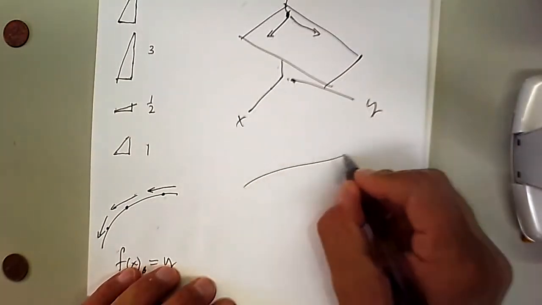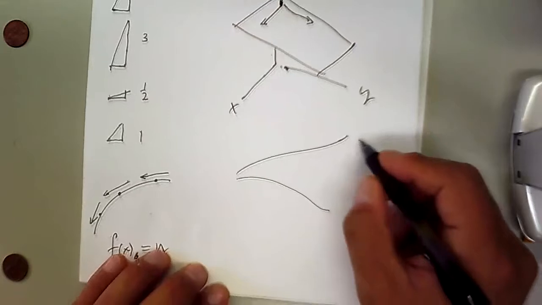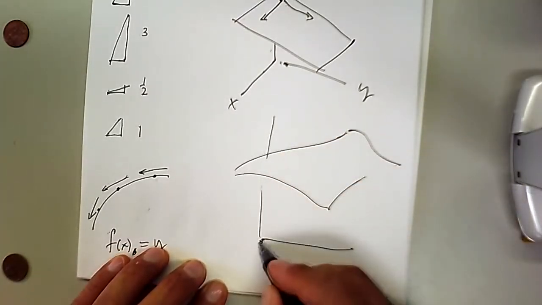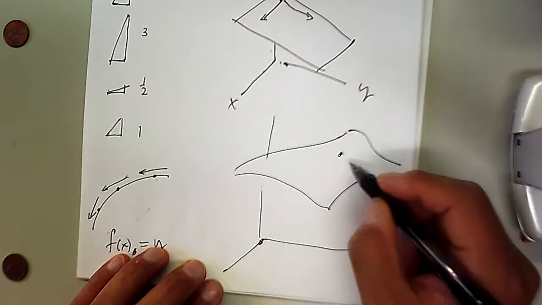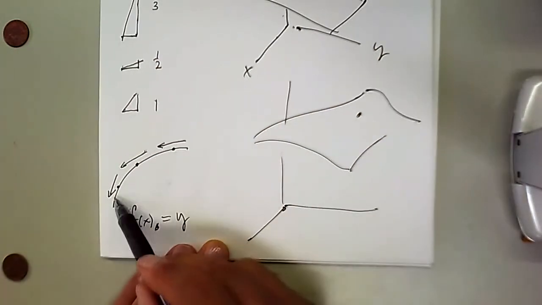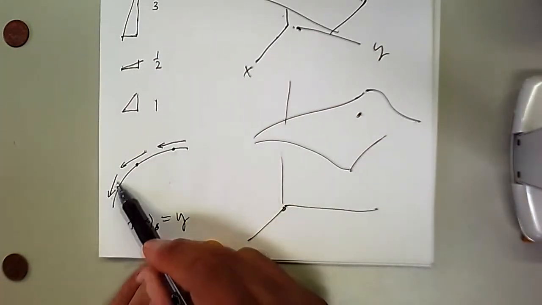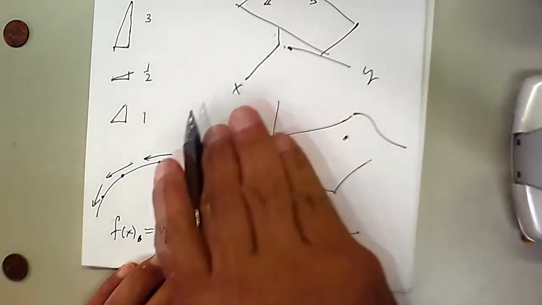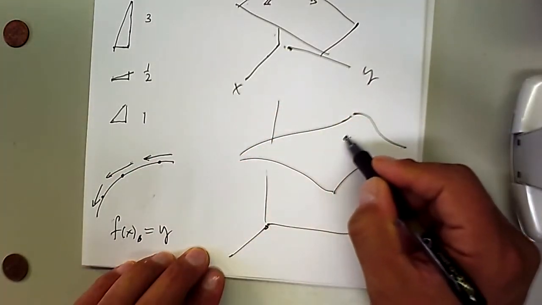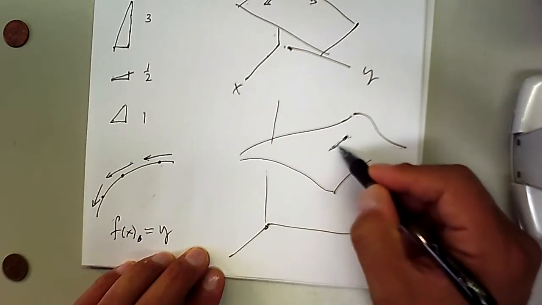If the surface is not straight, yep, so there's the z-axis, the x-axis, and let's say we're at a point here, then we have different kinds of slopes, just like here, we have different kinds of slopes depending on where we are. This is going to be rolling up and down. And perhaps, for instance, here in the direction of the x-axis, we're going to have some kind of slope.